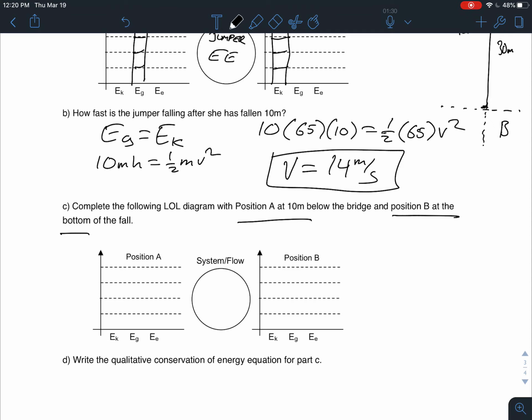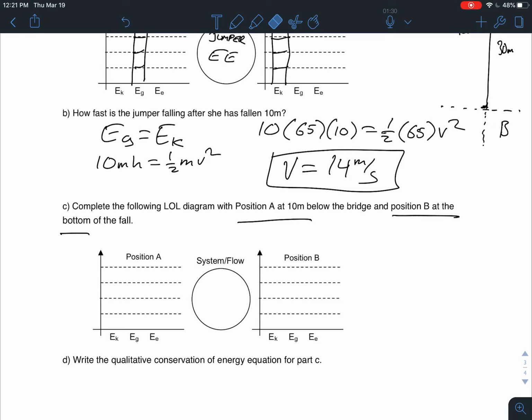So what's she got at the top? At the top, she's got some EG, although I don't know exactly how high she is. So I wouldn't be able to put a number on this yet. And then at the bottom, she's got all... Oh, wait a minute. Let me back up here. Messed that up, didn't I? Because this is not where she's jumping from. So when she gets to here, she's going 14 meters per second.